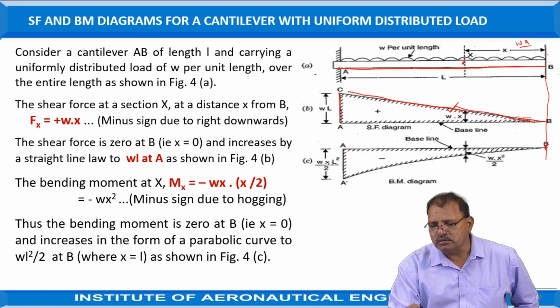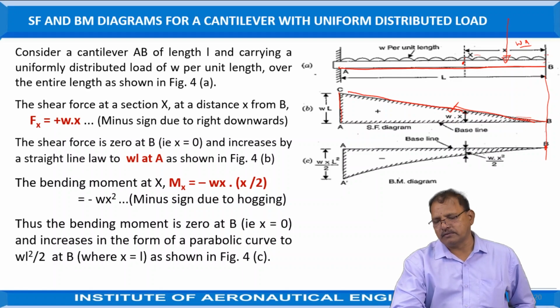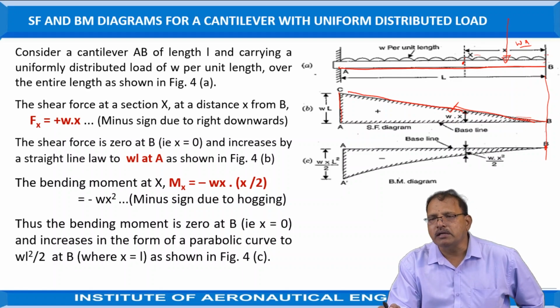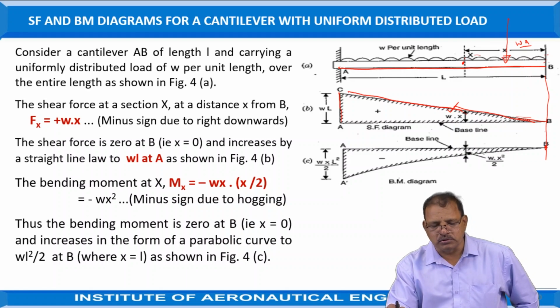Hence the total load is w into x. The point of application is always at its center of gravity, that is x by 2. So the bending moment at x is equal to w into x multiplied by x by 2.